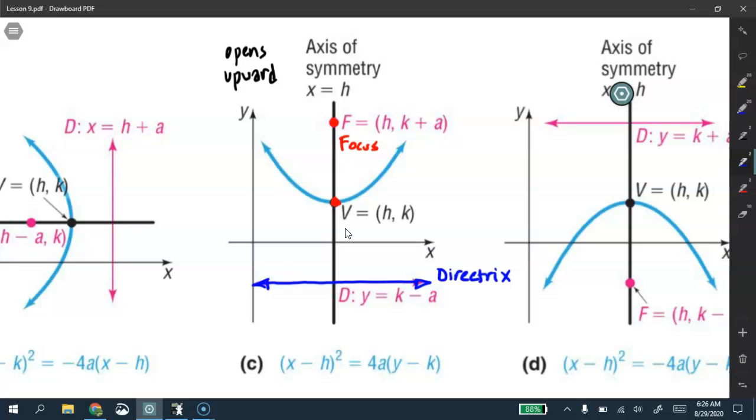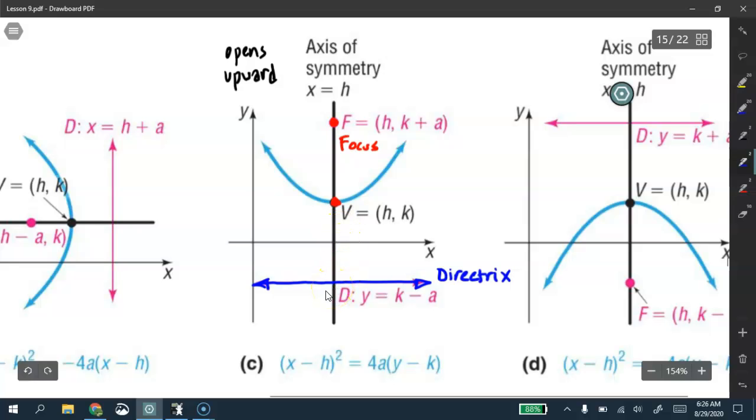Now, I know that those are two very new looking things to you, but when I began this lesson, I talked about how if there were rays of light coming from the sun, they would all bounce off and go to the focus of the parabola. So that's an important part of your understanding of parabolas. Now, the axis of symmetry is not that important right now, so let's not focus on it. But basically, you're looking at a parabola, a focus, and a directrix.